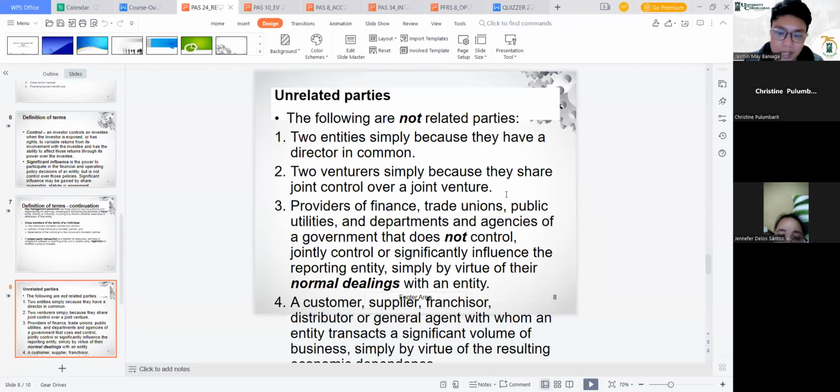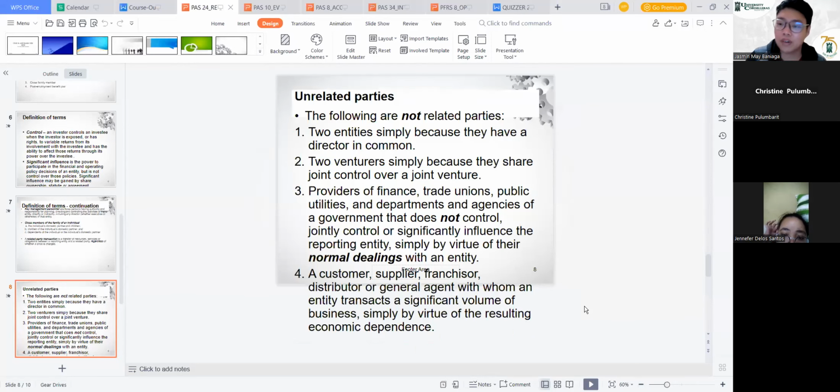So in this slide, slide number 8, are items na hindi nyo mahanap for PAS 24 related parties. So these are unrelated parties. Basically, when we say unrelated parties, they are just the typical, the normal, the usual accounting transactions of the entity with other stakeholders. No? So we don't need any additional disclosures anymore.